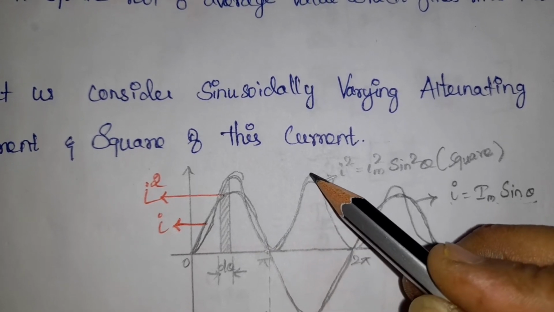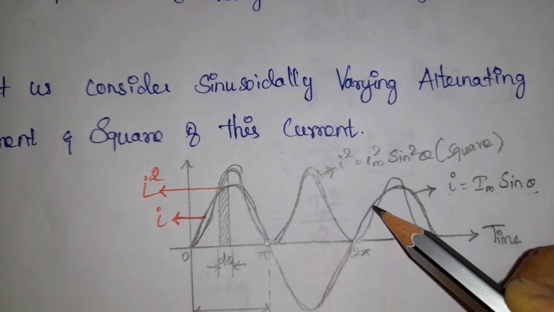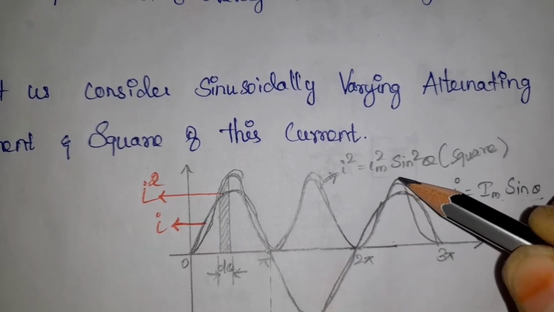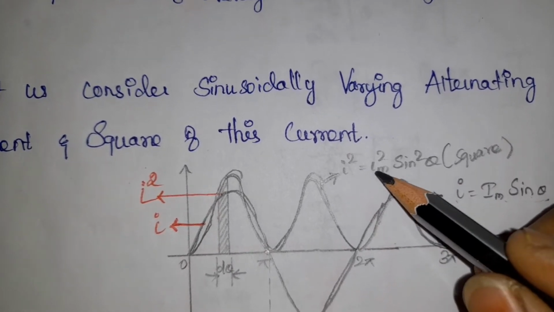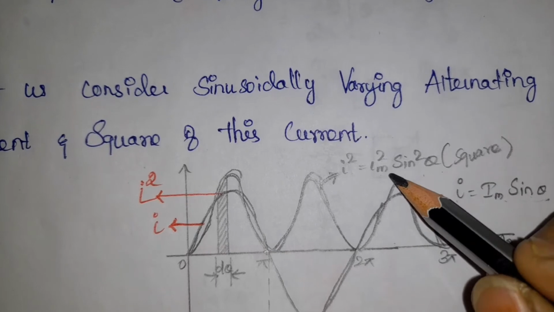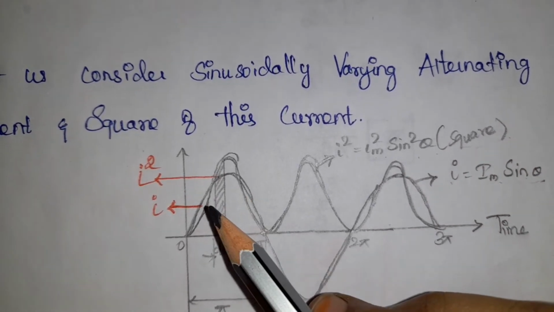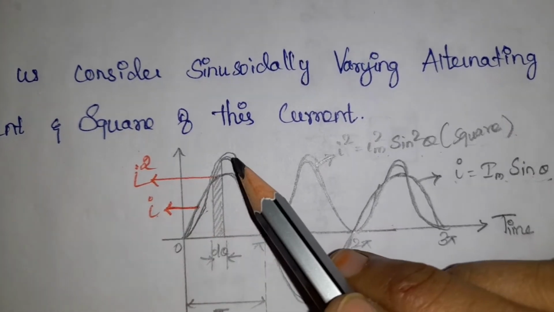It will not have the negative portions, it will be squared into the positive cycle only. That is, I squared is equal to Im squared sin squared theta. This is the difference between the squared value and the normal current value.